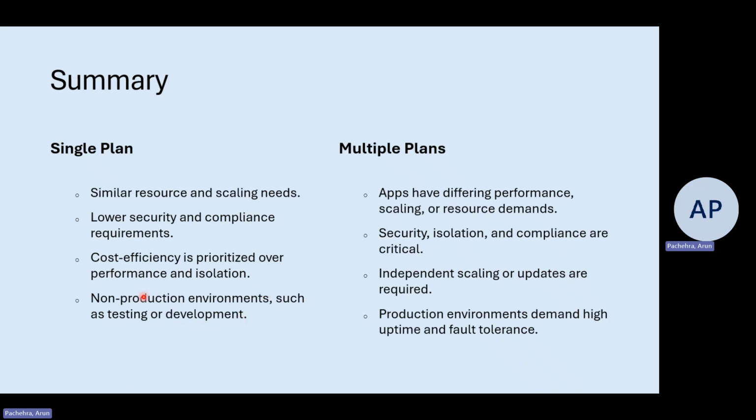Usually it's a non-production environment. For multiple plans: apps have different performance, scaling, or resource demands. Security, isolation, and compliance are critical. Independent scaling or updates are required. Production environments demand high uptime and fault tolerance, hence separate plans for separate app services.